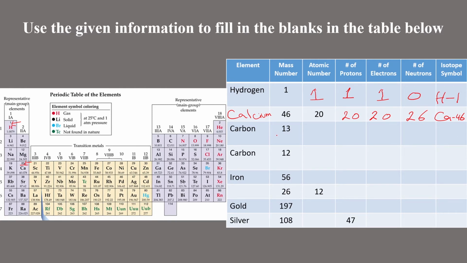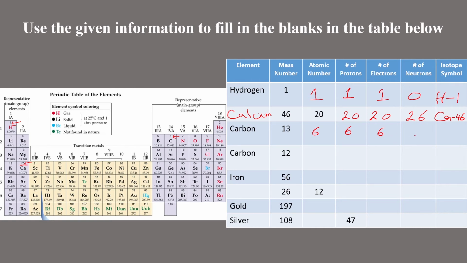Let's look at carbon 13. Atomic number for carbon 13, or no matter what carbon we have, will be 6, right? Always, as long as it is carbon. Atomic number is 6. Number of protons will also be 6. Number of electrons for a neutral carbon will be 6.